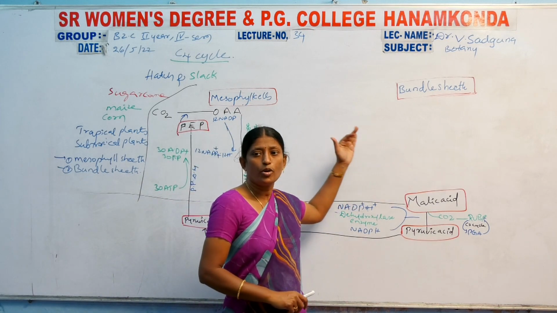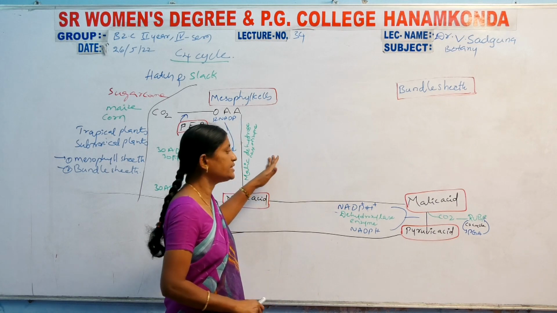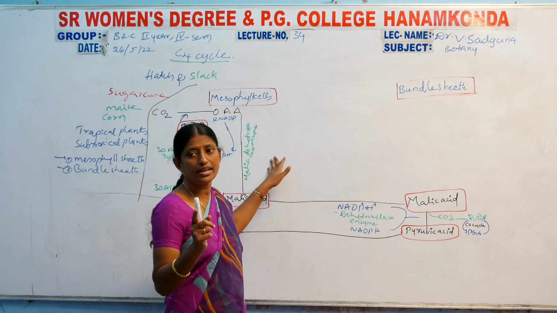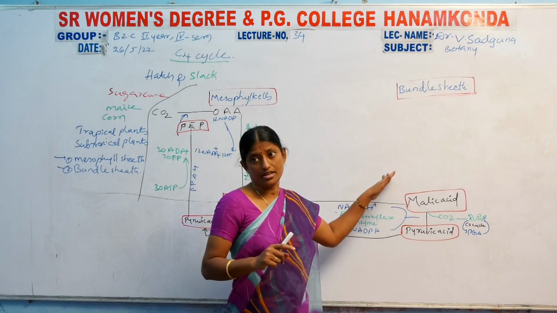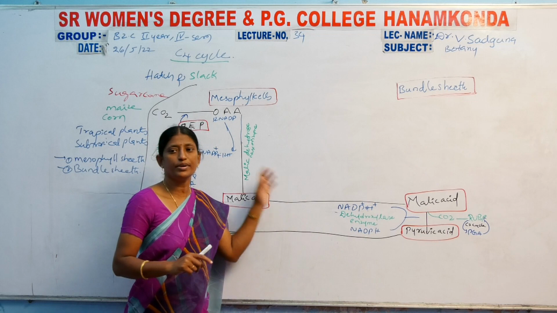Then here the product, the malic acid, again that kind of malic acid is produced in the bundle sheath also. Then pyruvic acid.